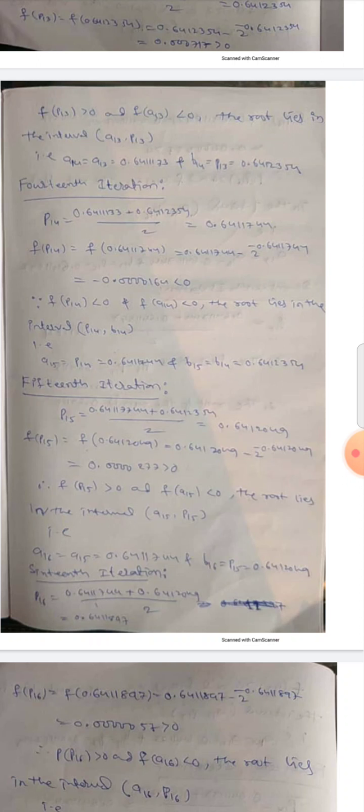Since f of P15 is greater than 0 and f of A15 is less than 0, the root lies in the interval A15 comma P15. That is A16 is equal to A15 is equal to 0.6411 and B16 is equal to P15 is equal to 0.641249.